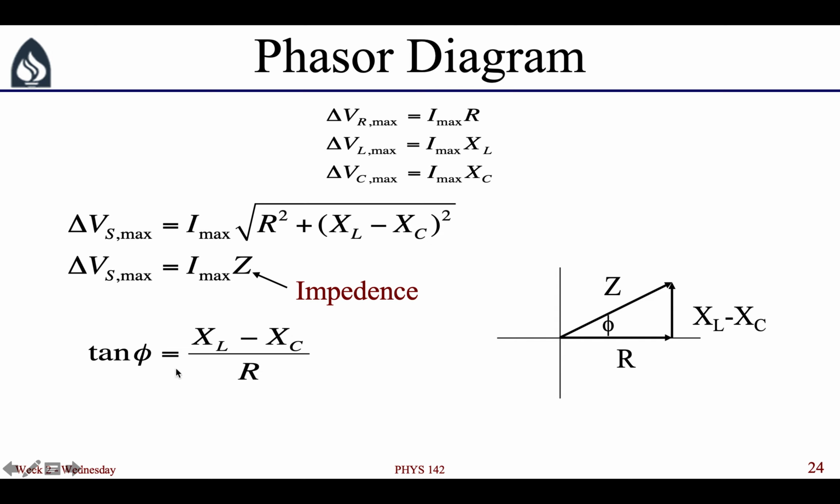The tangent of the phase angle is equal to the difference between the inductive and capacitive reactances divided by the resistance. One can also make a phasor diagram, instead of using voltages, by using the resistance of the resistor, the capacitive and inductive reactances, and representing the power supply with the impedance of the circuit.